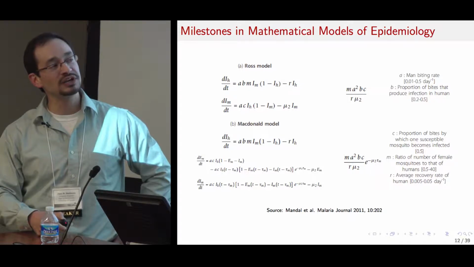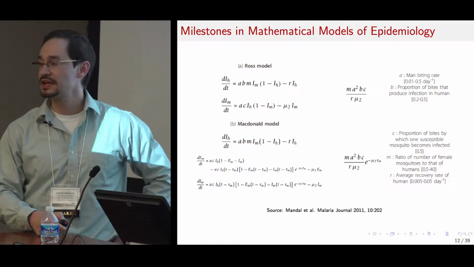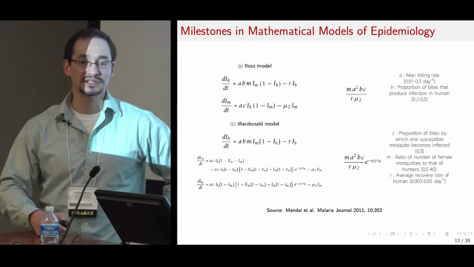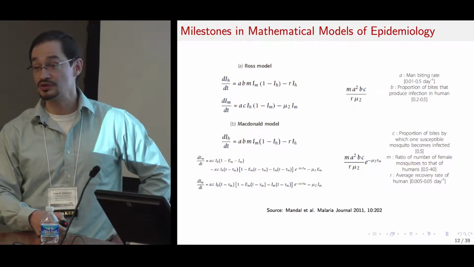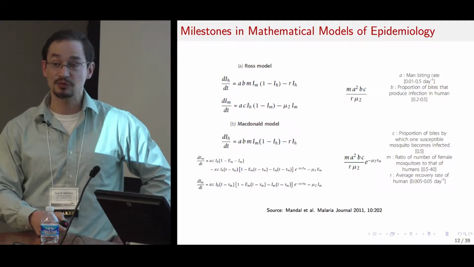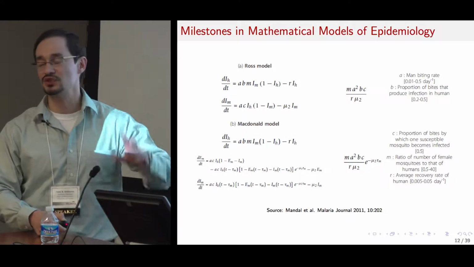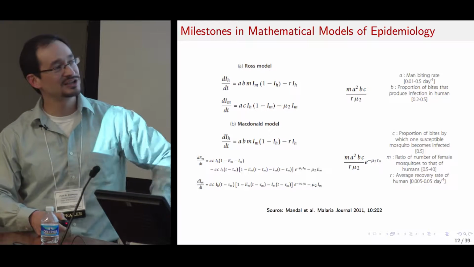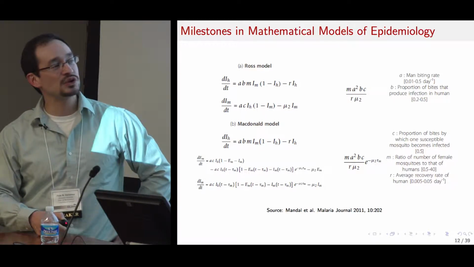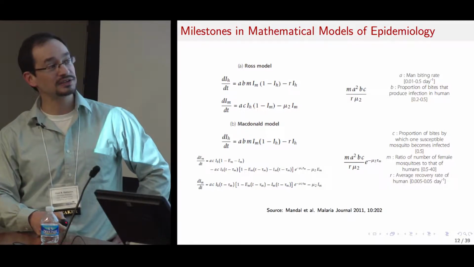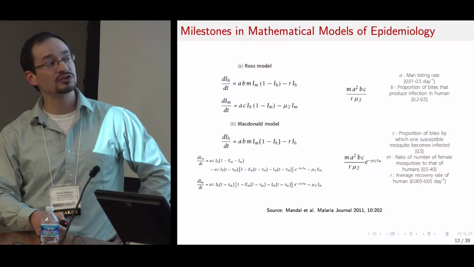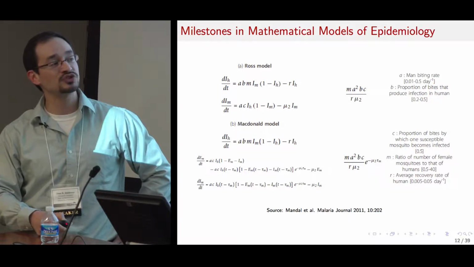Well, infected humans really is the proportion of humans that are infected. So if you have 30% of the population being infected, 1 minus 30% is 70%. That's the population who is not infected. So if an infected mosquito bites a non-infected person, they might become infected. And they recover at a certain rate, and this is some expression for the mosquito.